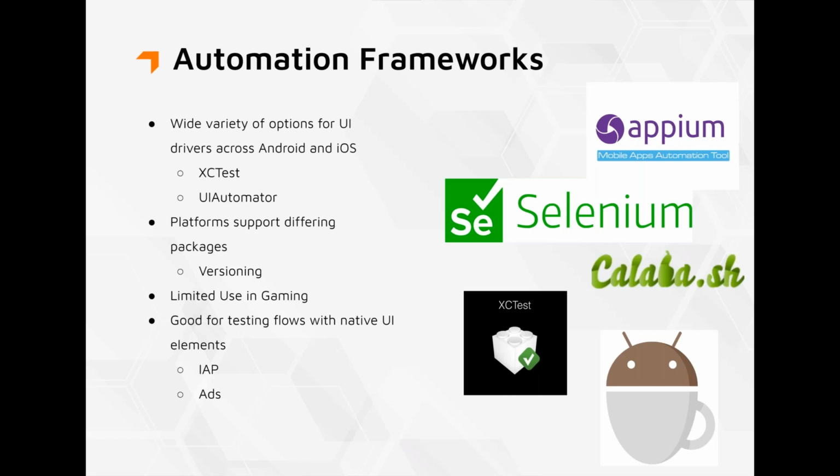The first one are UI automation frameworks, and there are a ton of UI automation frameworks and UI drivers across both Android and iOS. From the vendor supplied ones, XCTest and UI Automator, from Apple and Google, through cross-platform tools like Appium, Selenium, Calabash, and just tons and tons of different scripting languages and scripting interfaces to drive user interface interaction.